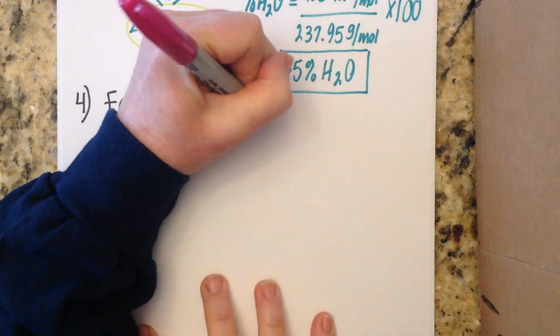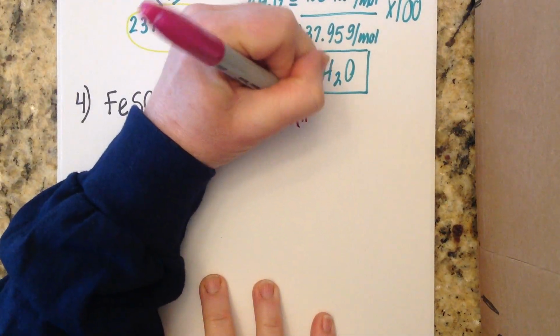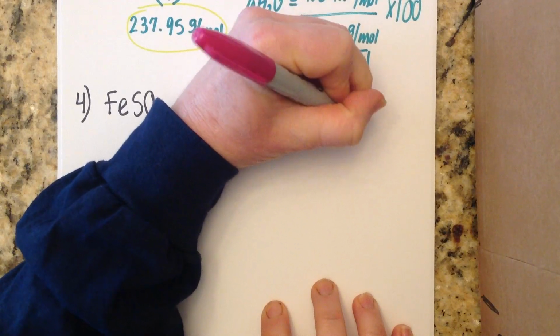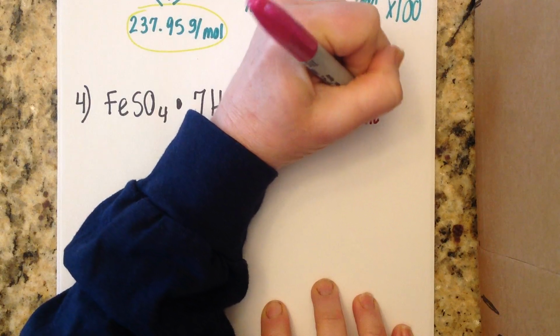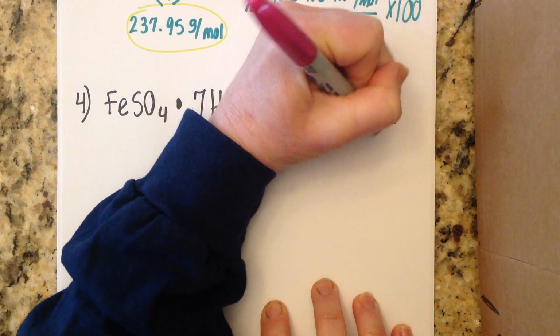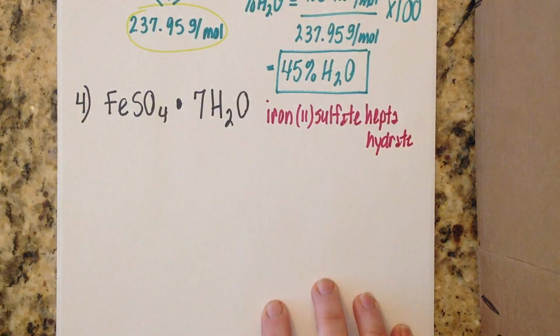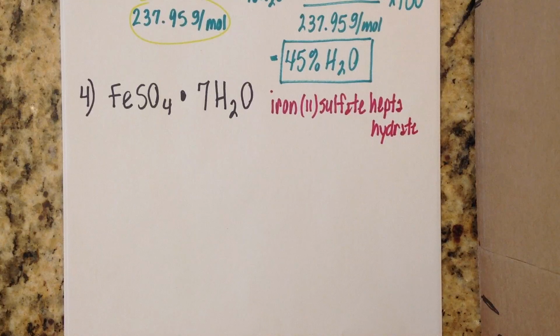So this is iron 2 sulfate heptahydrate. Iron 2 sulfate heptahydrate. And now let's calculate the percent water in the hydrate.